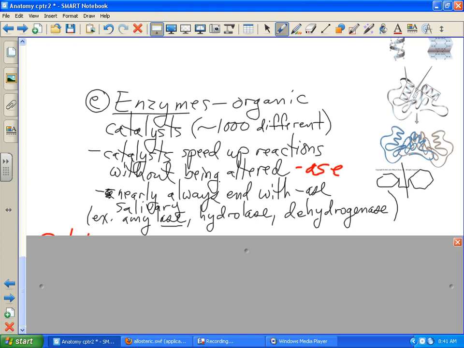Now the problem with that is, if this enzyme's job is to break polysaccharides into smaller chunks, it can only do that in a neutral pH. What happens after you swallow the food? It gets to the stomach. Boom! Acidic. The pH changed.